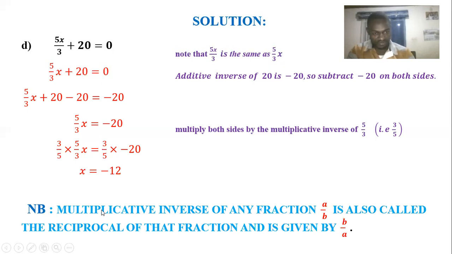Clearly here, we say the multiplicative inverse of any fraction a/b is also called the reciprocal of that fraction and is given by b/a. And to find the reciprocal of any given fraction, just invert the fraction. The denominator becomes the numerator, while the numerator becomes the denominator.